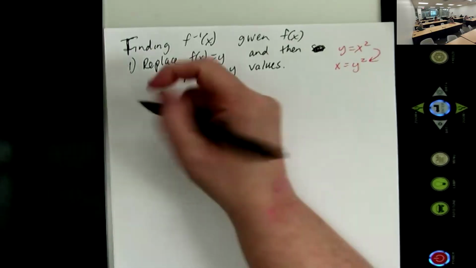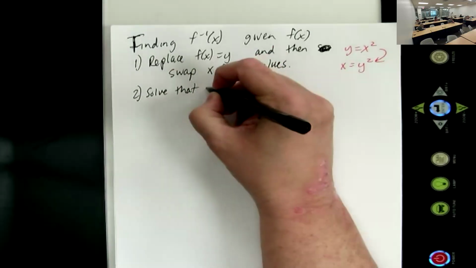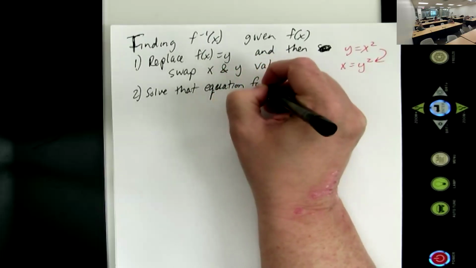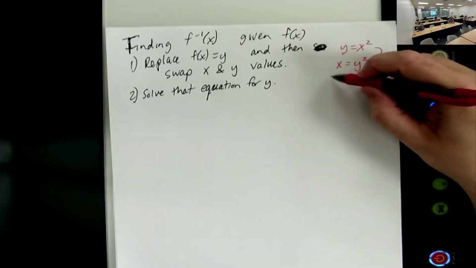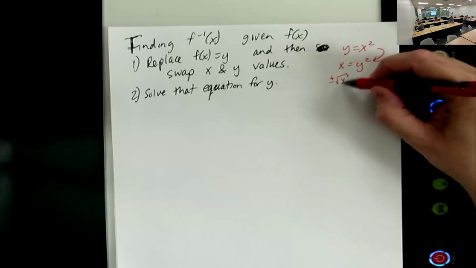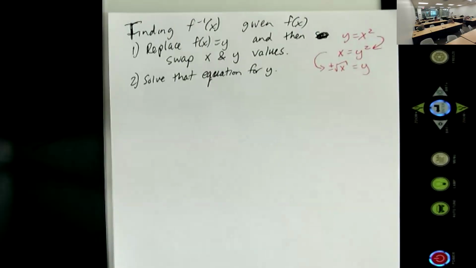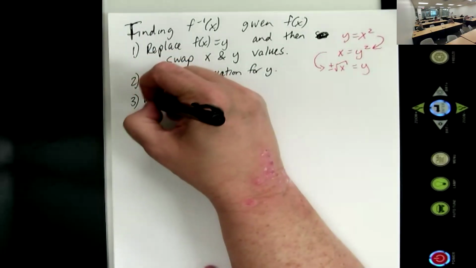Step two, solve that equation for y. Here I would take the square roots of both sides and I get plus or minus the square root of x equals y. And finally, replace y with f inverse.